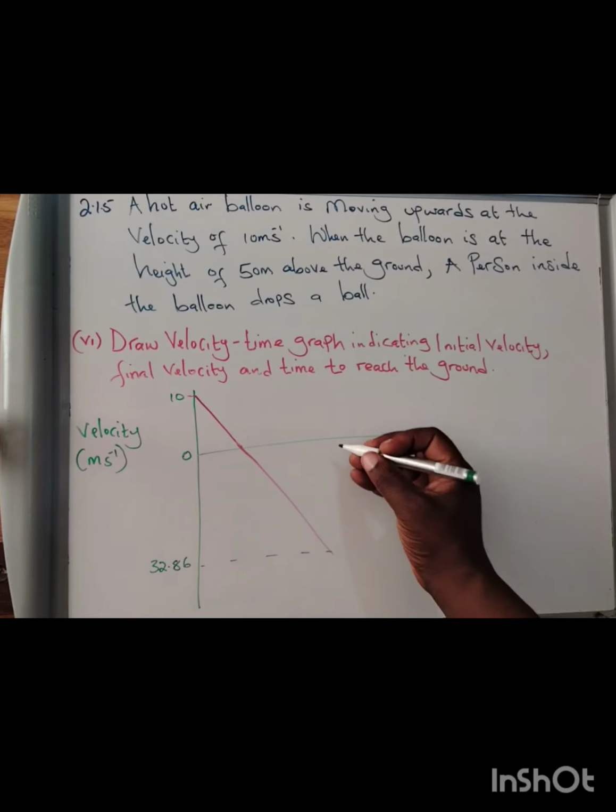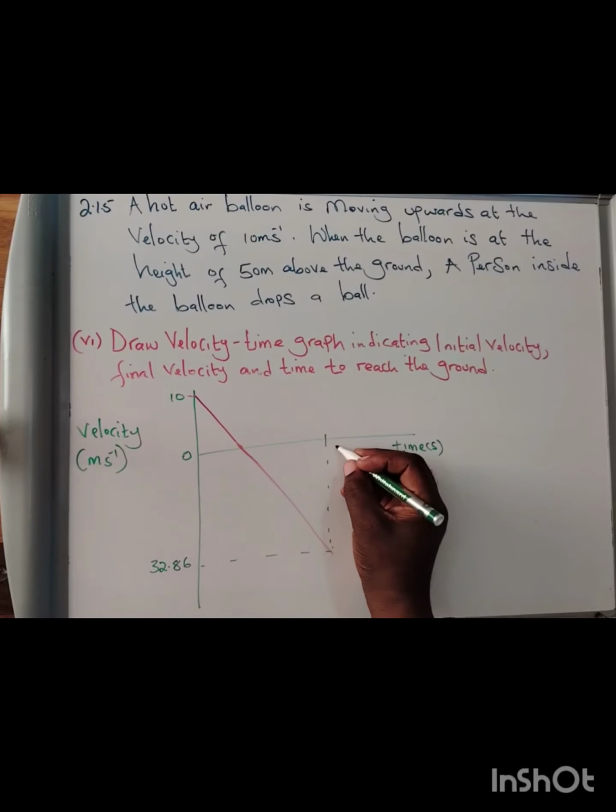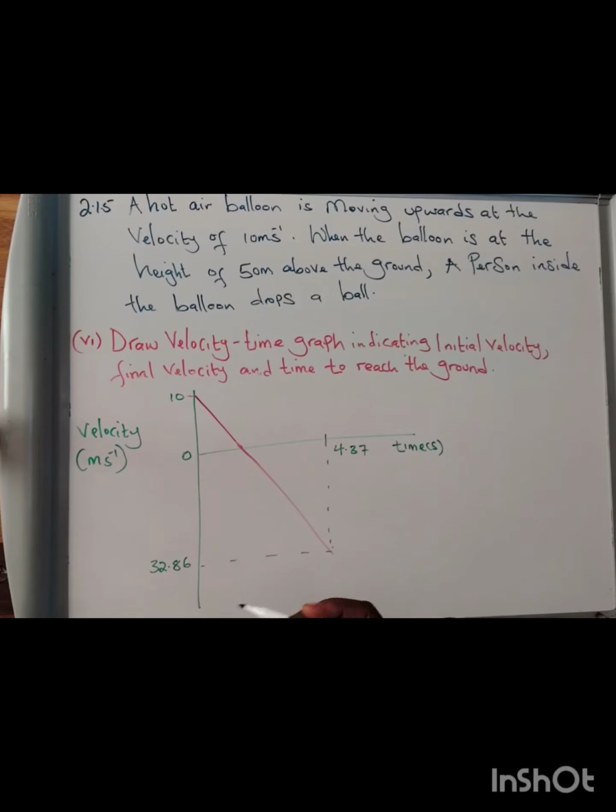The time of the flight, the time for the entire journey. And that time was calculated to be 4.37 seconds. So that is that. That is the velocity-time graph, indicating the path taken by our ball after being dropped.